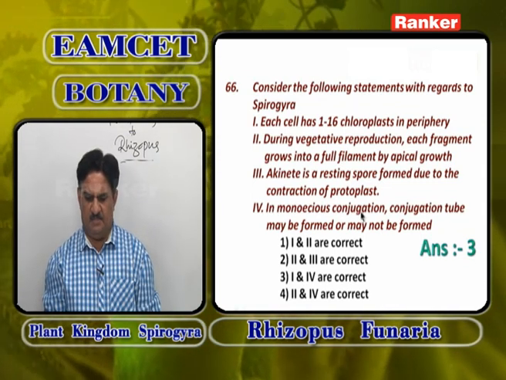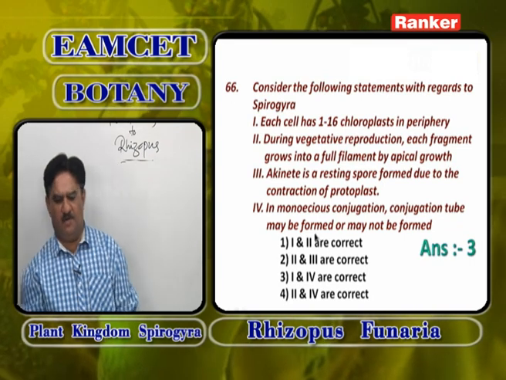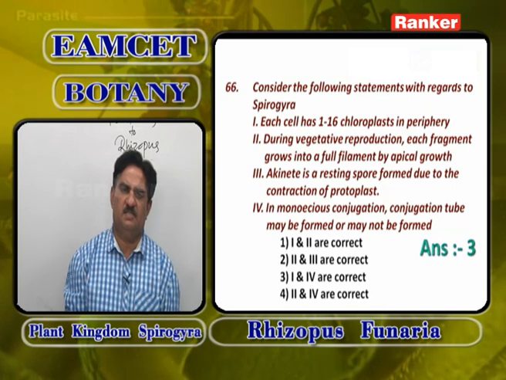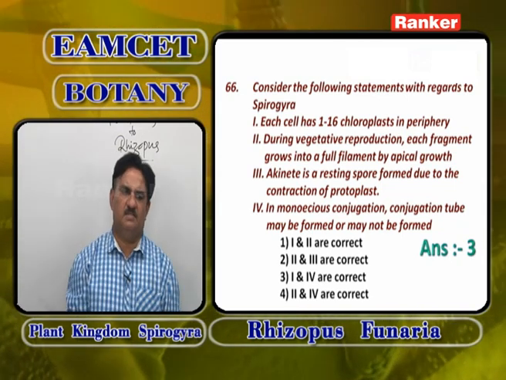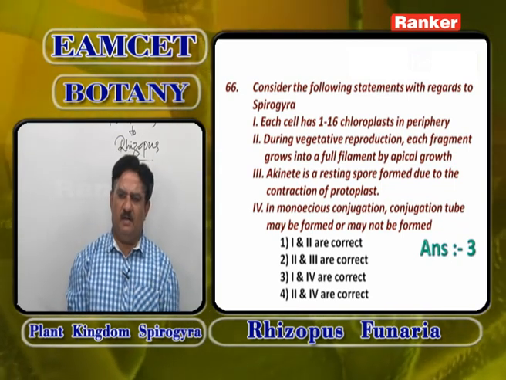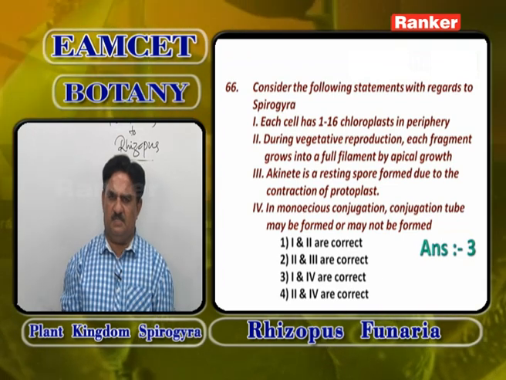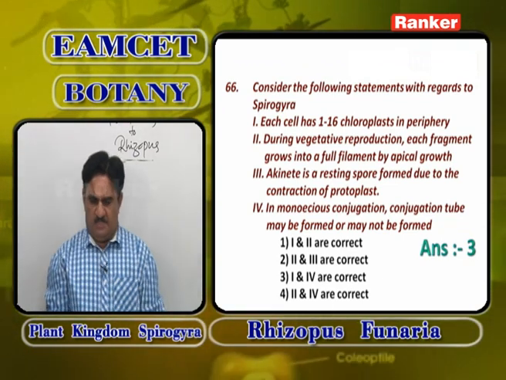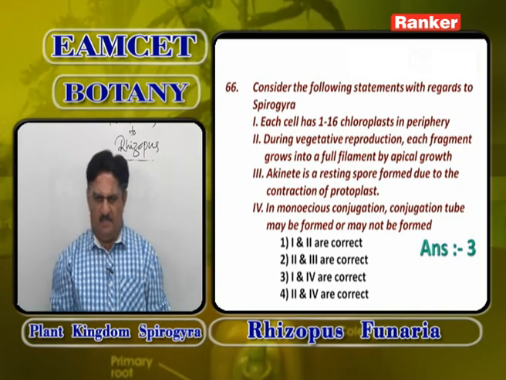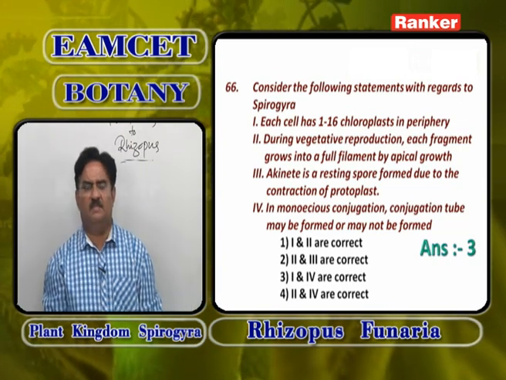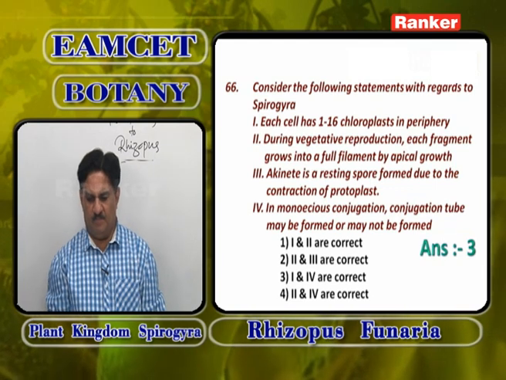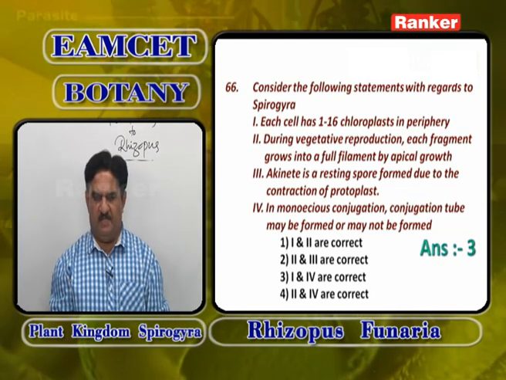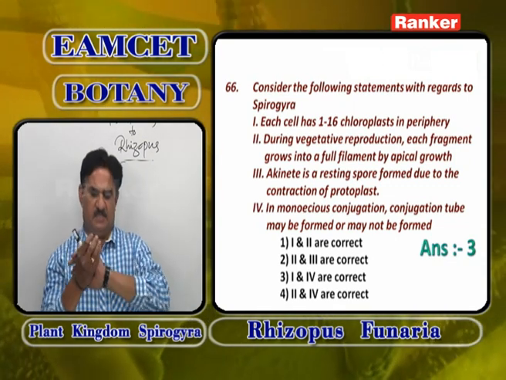In monoecious conjugation, conjugation tube may be formed or may not be formed is correct. Why? Monoecious conjugation is of two types: direct lateral conjugation and indirect lateral conjugation. In direct lateral conjugation, a conical process is formed in the male gamete, and the male gamete pierces through the septum at the center, enters the female gamete and fuses with the aplanogamete there. May or may not be formed. It is formed in Spirogyra affinis, where indirect lateral conjugation takes place.